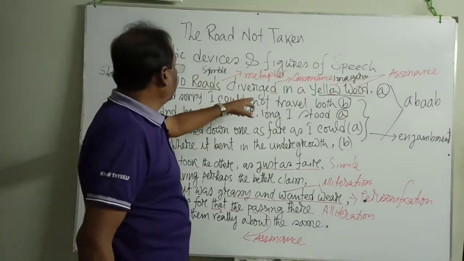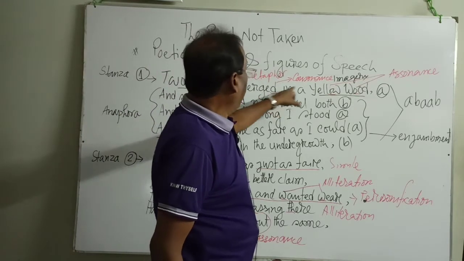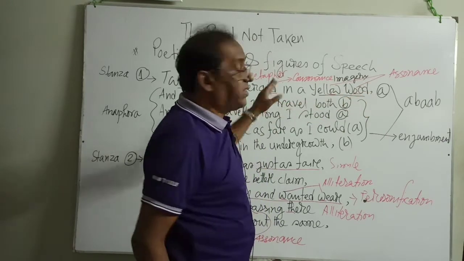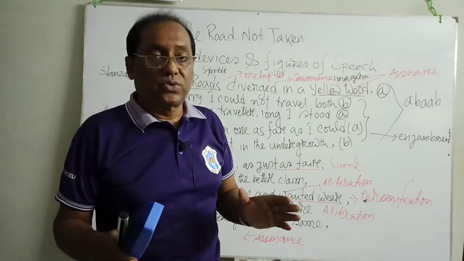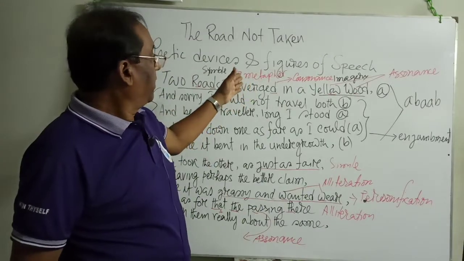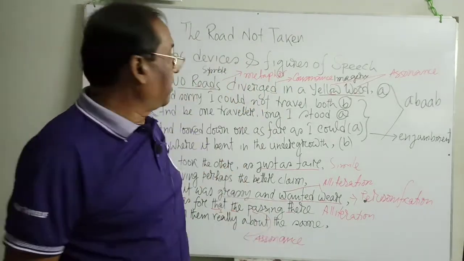Here we find the repetition of the D sound in diverged and wood. Again, D and D. The sounds are repeated in the two neighboring closely related words.